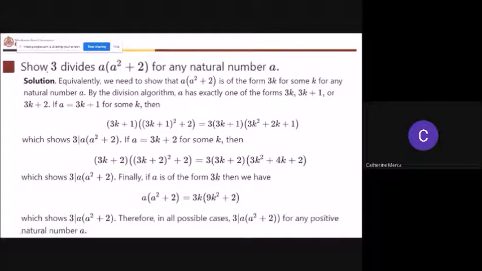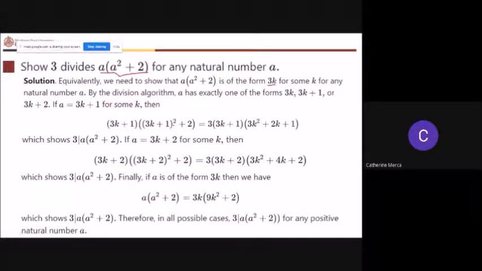So, what do we need? We need to show that a squared plus 2 is of the form 3 times k for some k. Ito dapat mapakita na it's a factor kasi 3 divides this one. So, there is a factor 3 and we have an integer k for any natural number a.